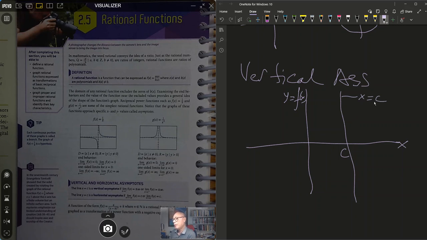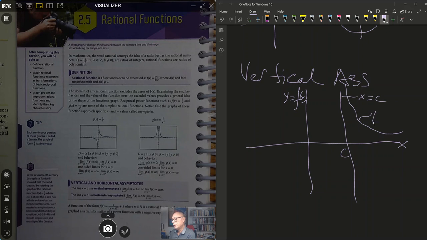When the value of x goes to c, f(x) goes to infinity. So the function f(x) never touches the line c.